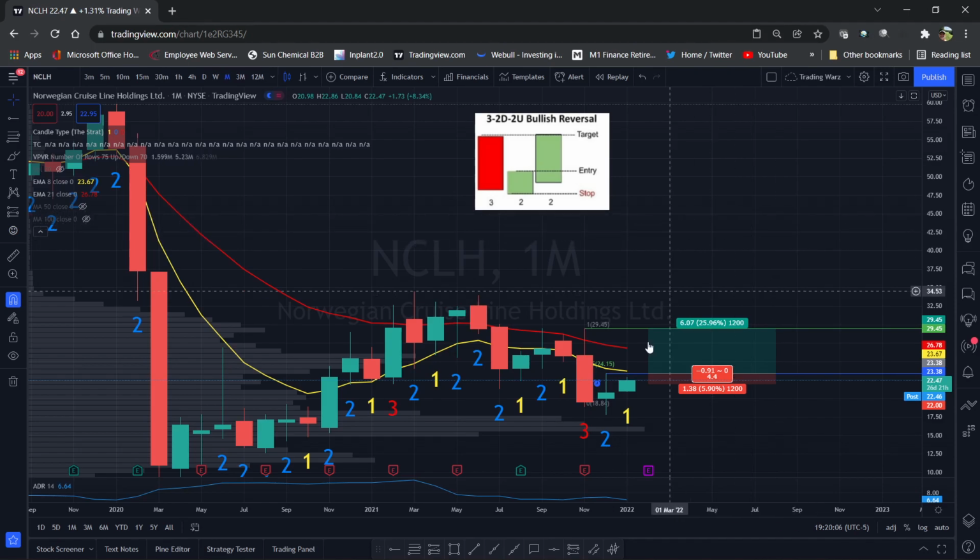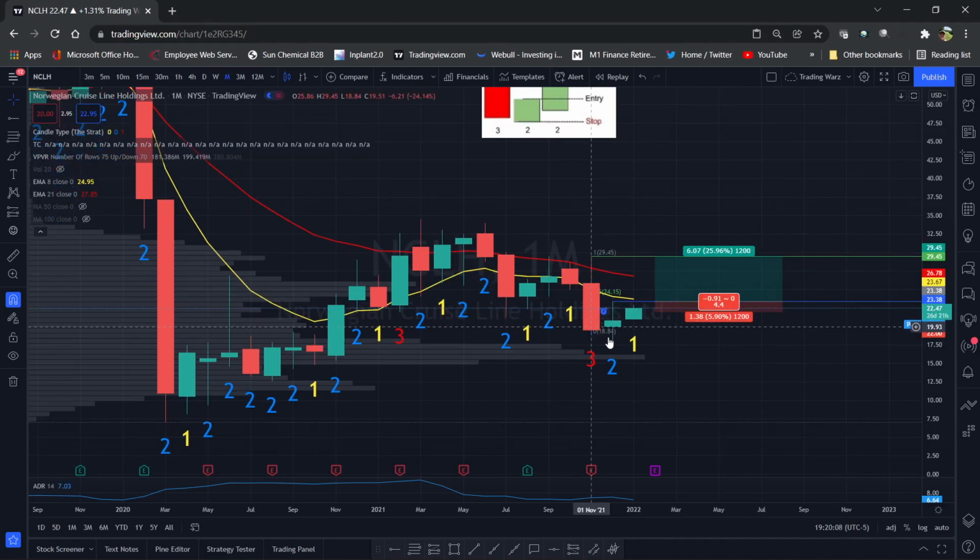So basically, as you can see, we got a 3-2 where the previous month took out the low of the previous candle here, and then it reversed.